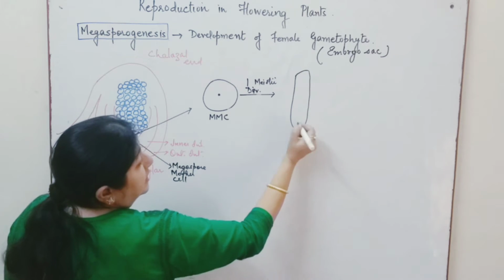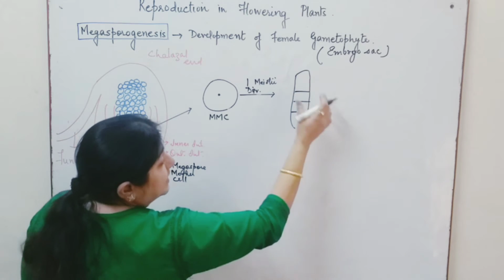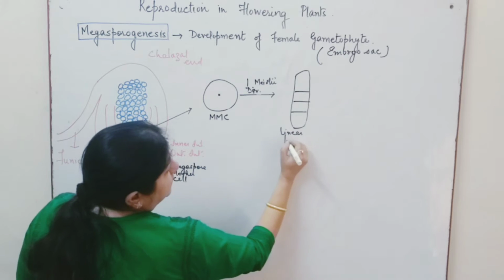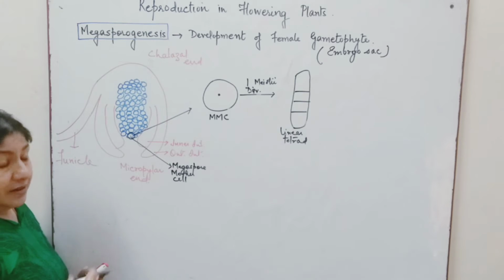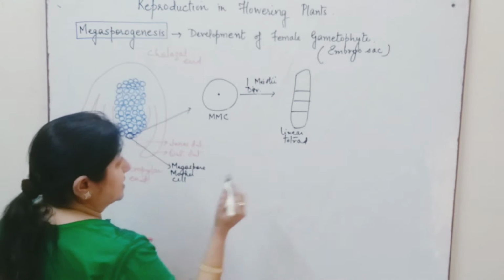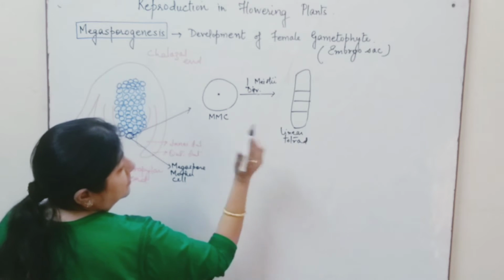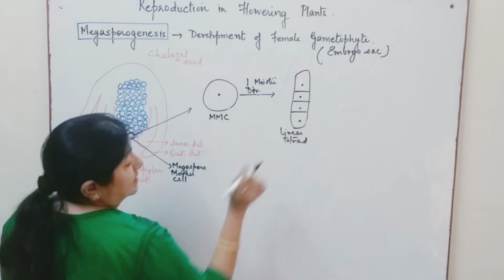The tetrad in case of angiosperms is always linear. Due to this one meiotic division, it will form 4 haploid cells.